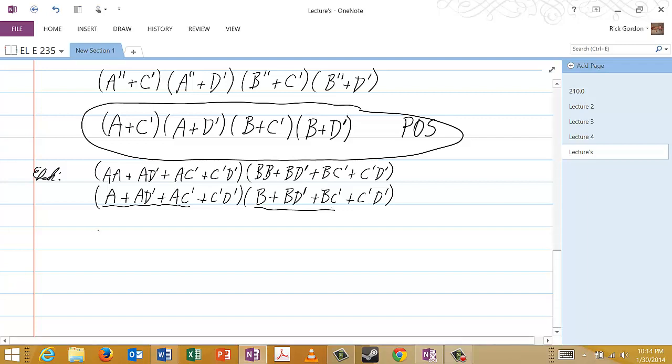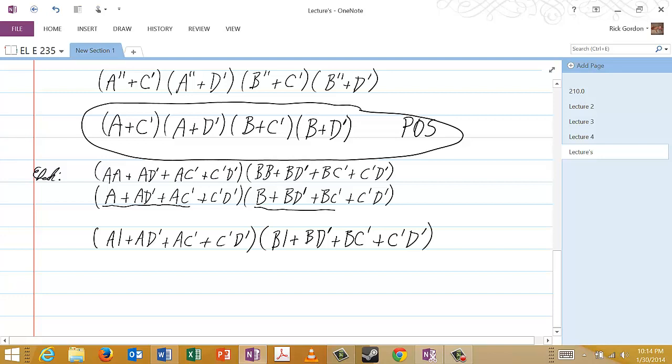But just in case you've forgotten how that goes, we could rewrite this as A ANDed with 1, or AD complement, or AC complement, or C complement D complement. And similarly, the second term could be written as B ANDed with 1, or B ANDed with D complement, or BC complement, or C complement D complement.